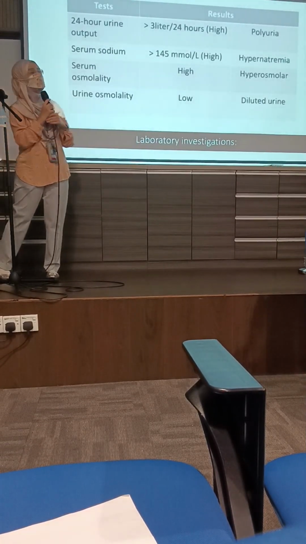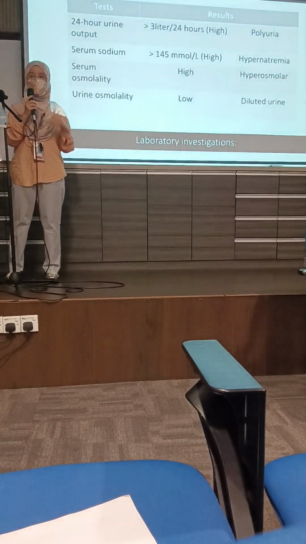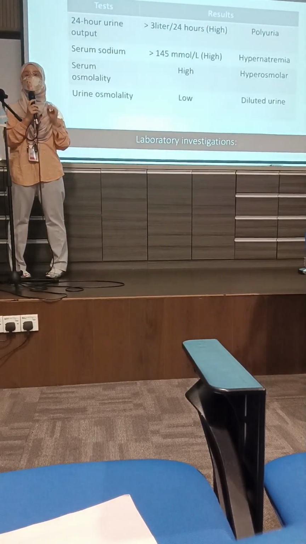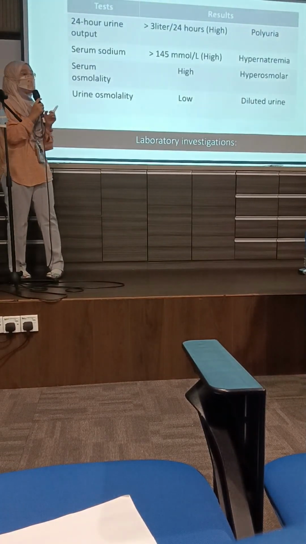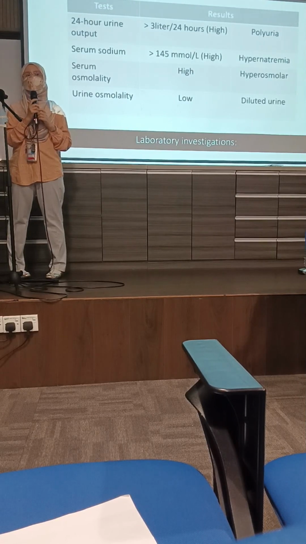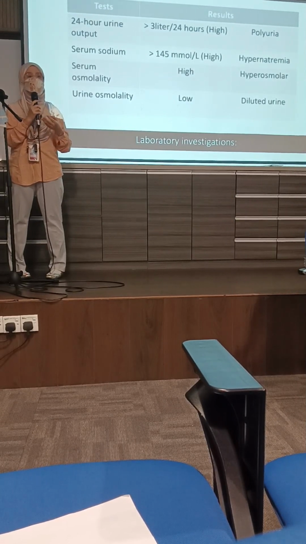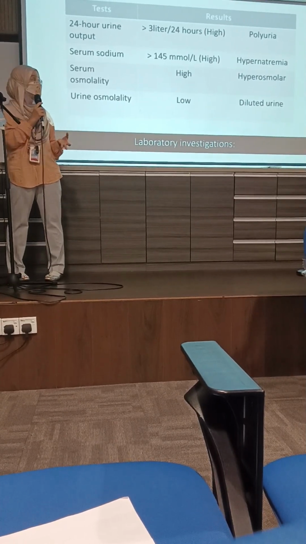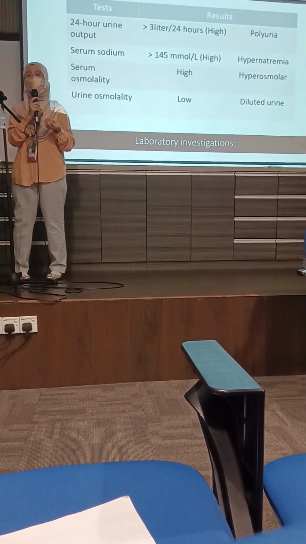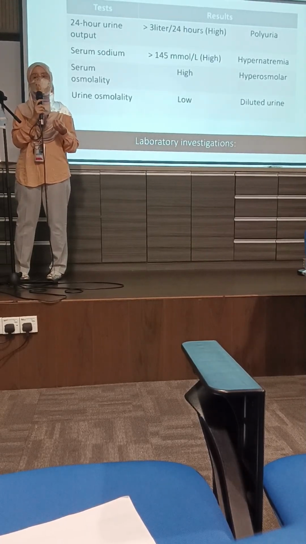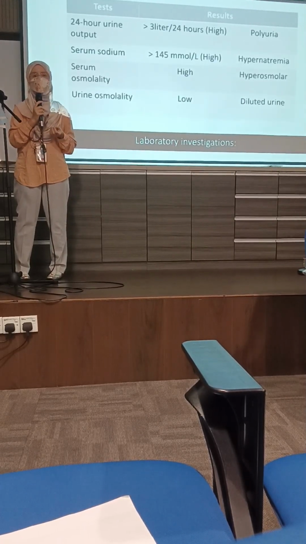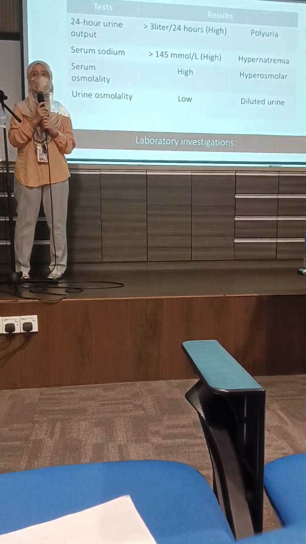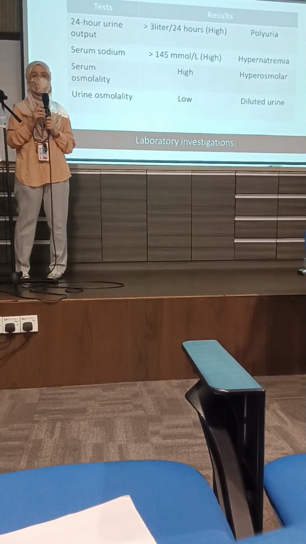So the result is because you pass a lot of urine, your 24-hour urine will be high, more than 3 liters. Serum sodium will be very concentrated because you lose water. Like the sirap drink just now, losing water makes it concentrated. Serum osmolarity will be high. Serum. Okay, do not mix up with urine. Urine concentration will be low, diluted because a lot of water goes out into the urine.